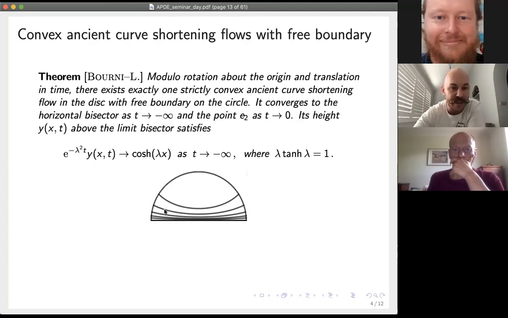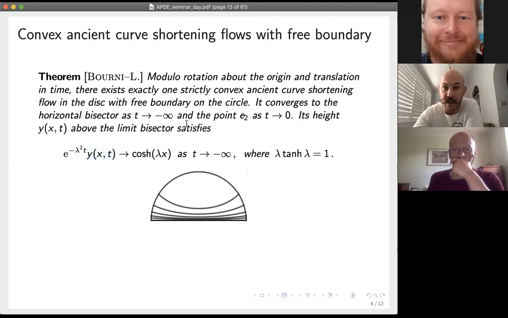As t goes to minus infinity, it sort of converges down onto this stationary bisector. And as t goes to 0, it collapses to the y-axis, the point 0.01. We also have this asymptotic expansion as t goes to minus infinity. So you have a very precise growth rate for the height over the limit bisector as t goes to minus infinity.